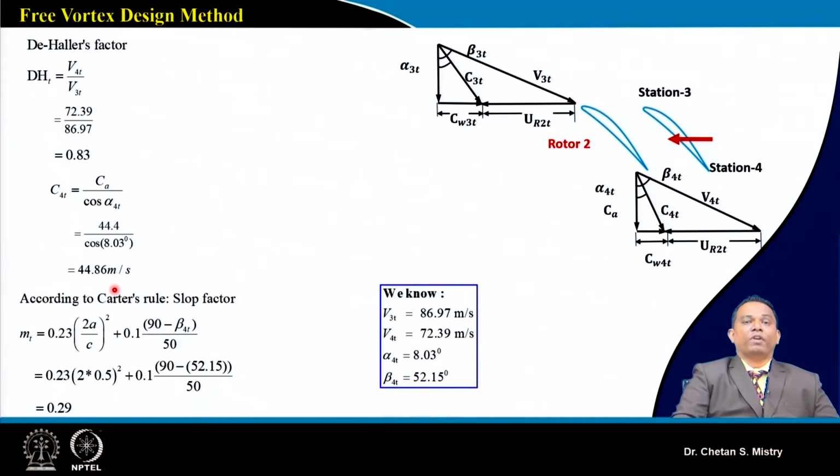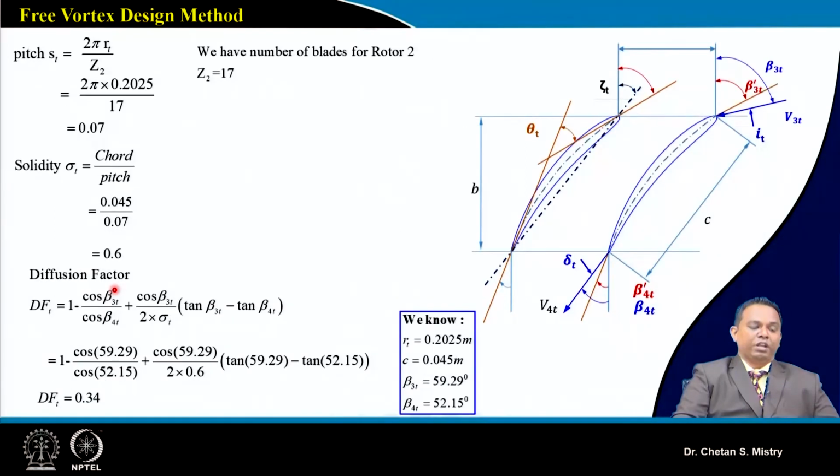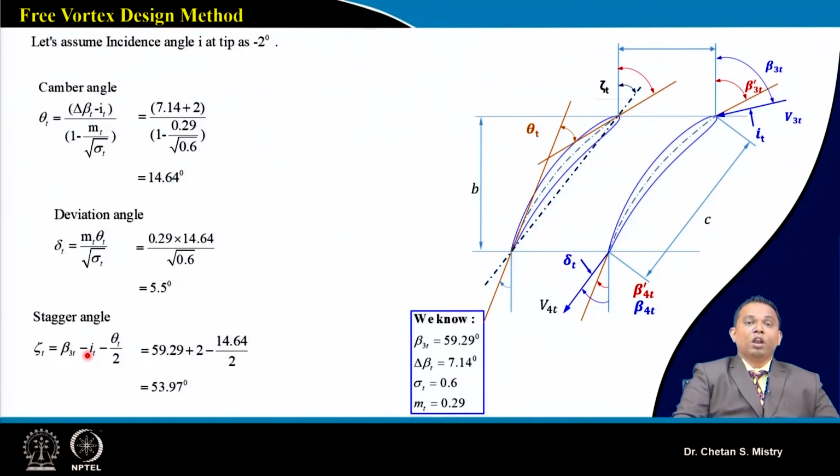Based on our m parameter and the diffusion factor parameter, we can calculate solidity and pitch. Here the diffusion factor near the tip region comes to 0.34 for rotor 2.